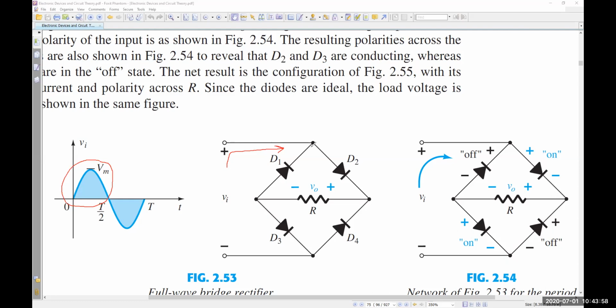But you have a diode that is reverse bias. The current is going in this way, that means this diode is reverse bias, so no current can go in this way. This diode is forward bias, so the current will go in this way. Agree? Everyone?